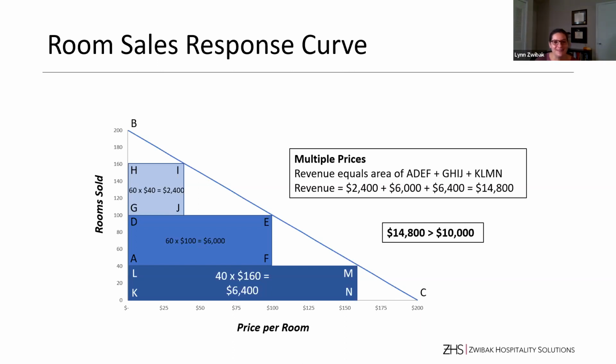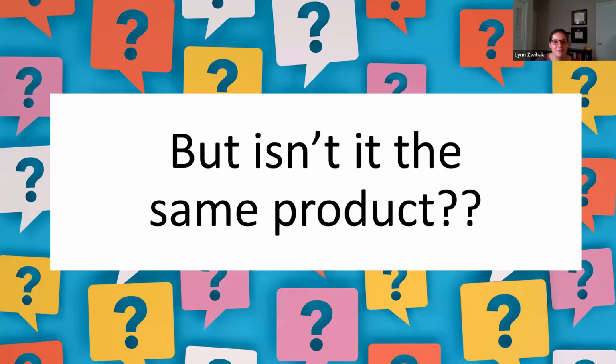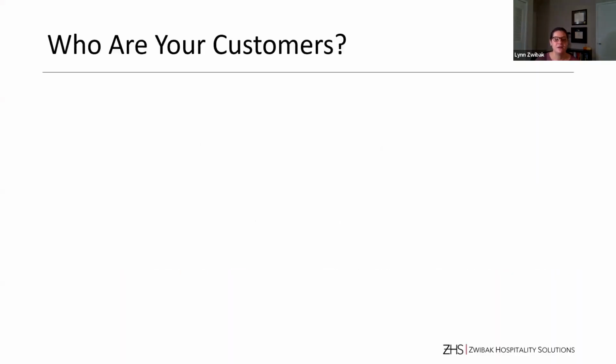Okay, great. So just to wrap up this conceptual portion, we will talk a little bit about market segments, or who your customers are. You can really segment your customers in multiple ways.